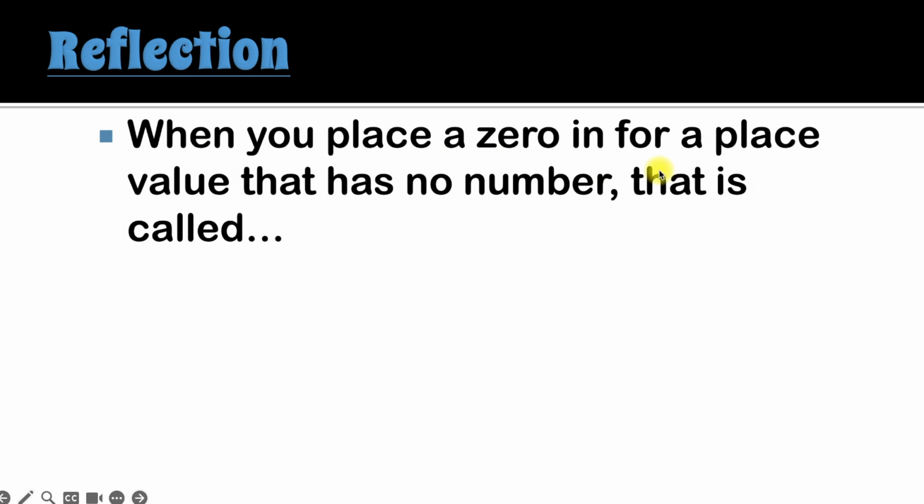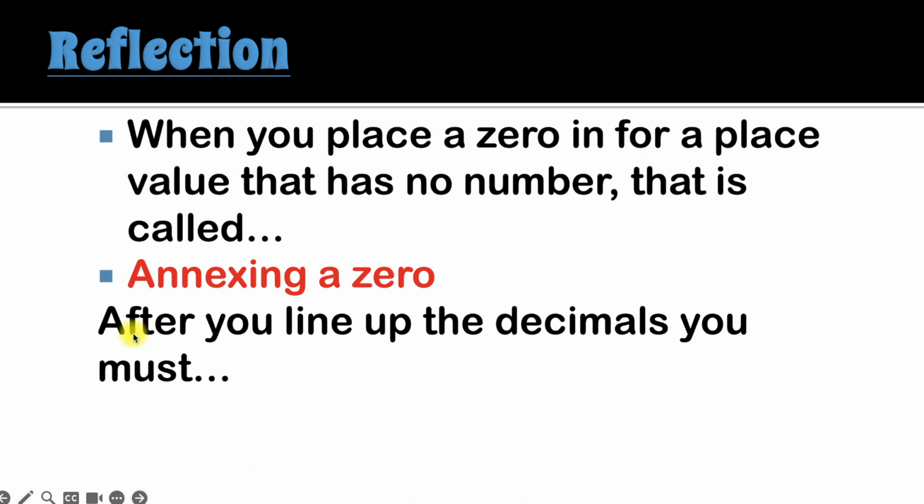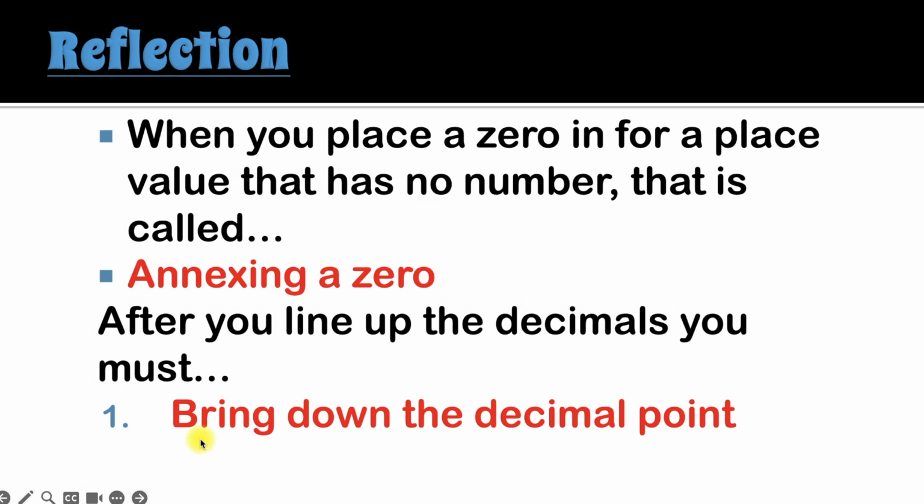When you place a 0 in for a place value that has no number, that is called annexing a 0. After you line up the decimals, you must bring down the decimal point and then annex any zeros in any blank spaces you may have.